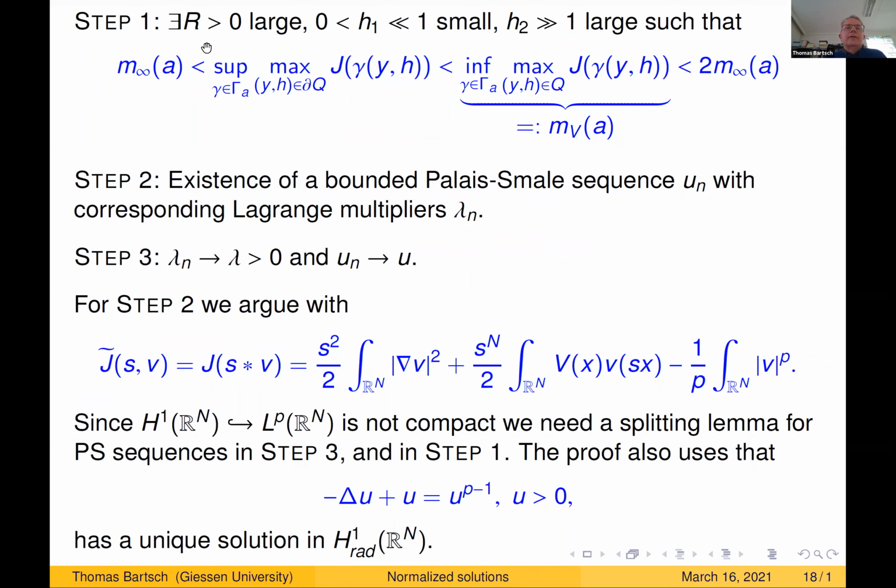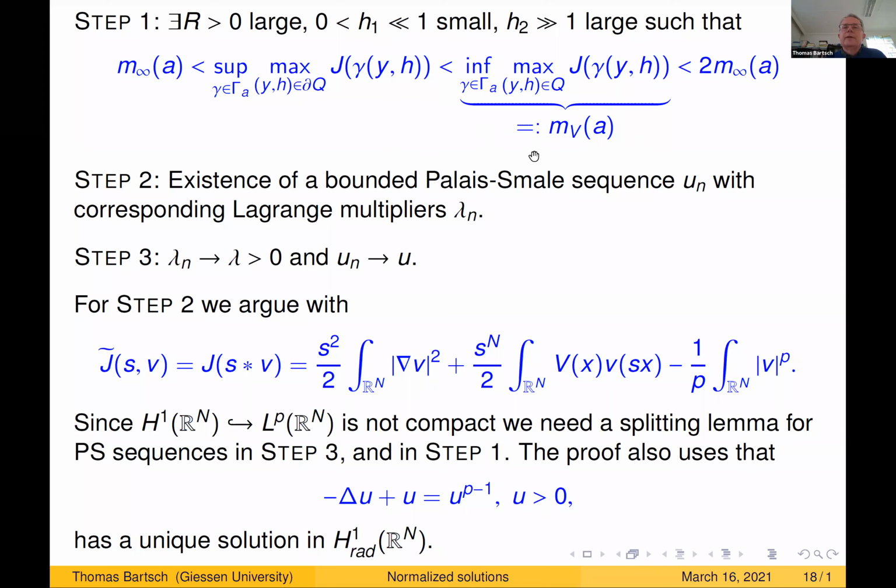Okay, so first of all, now here's the linking. We actually do have a linking. What we can prove is there exists a large number R, H1 is small, H2 is large, such that this inf max value, our critical value, is actually larger than the supremum over all gamma when you take the y,h just in the boundary of Q. Because of this inequality, you can start the standard argument, and it tells you there exists a Palais-Smale sequence on this level.